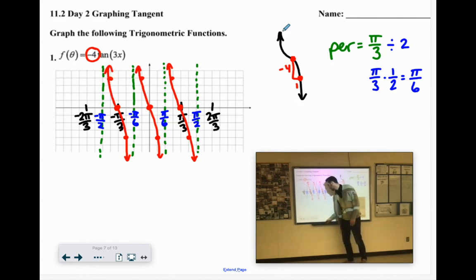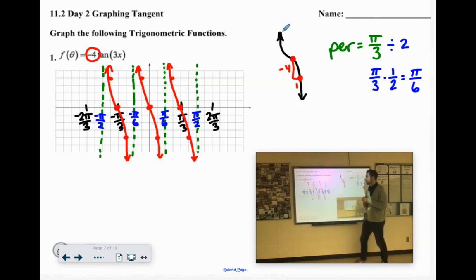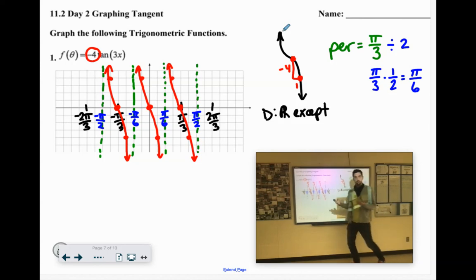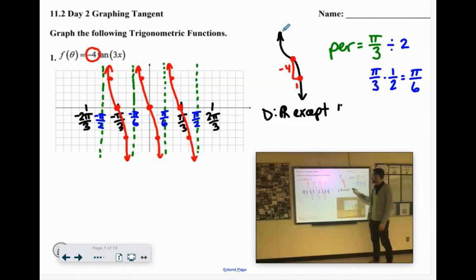Cool. Let's try another. Oh, we should probably say the domain and range. So domain is the tricky part. You could say all real numbers except pick an asymptote, any one of them. So I see I have an asymptote at pi over 6. Plus, we have to add infinite periods to that.